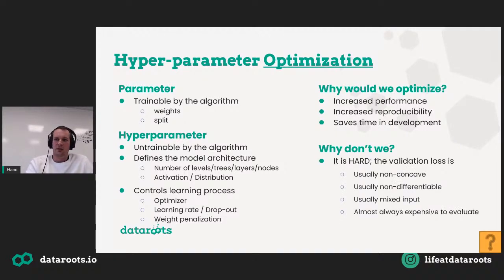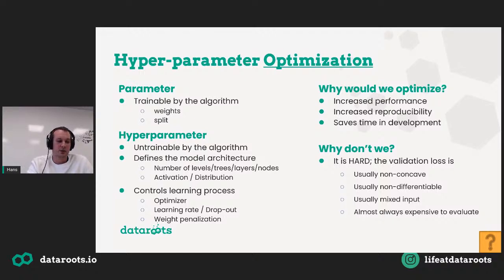Now, why don't we? Well, because it is hard. The validation loss is usually non-concave. It can go very convex, so it doesn't always lead to a nice optimum all over the surface. It's usually non-differentiable because not all of them are continuous. It sometimes gives very nice edges and corners in there.